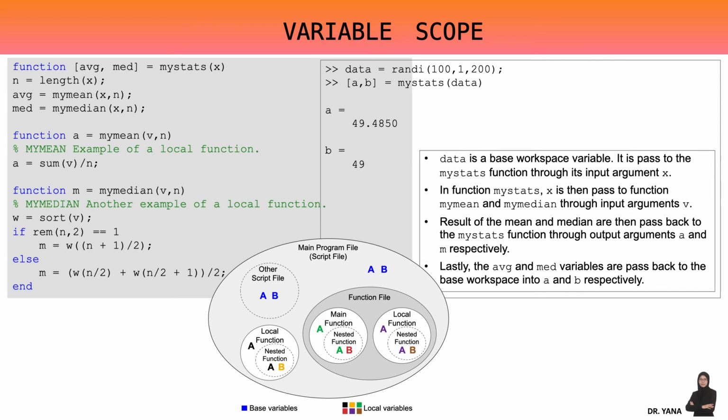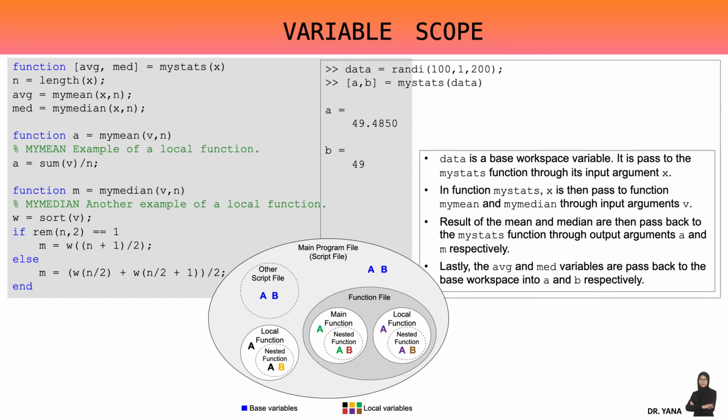And this data variable is your base workspace variable because it is in the command window. And then it will pass this data into MyStat using the input argument x. Later on, in the function MyStat, the x will be passed to the myMean function and myMedian function using the v argument.